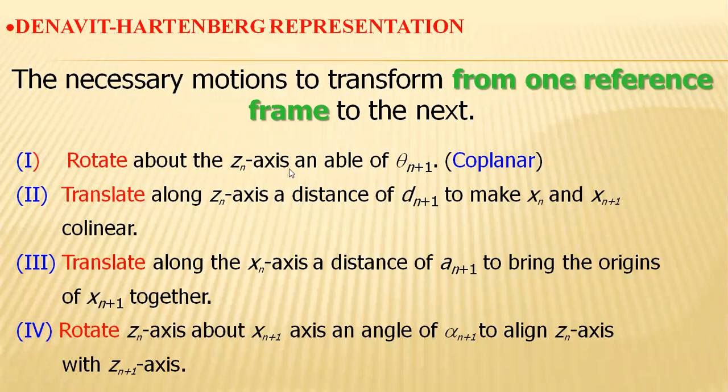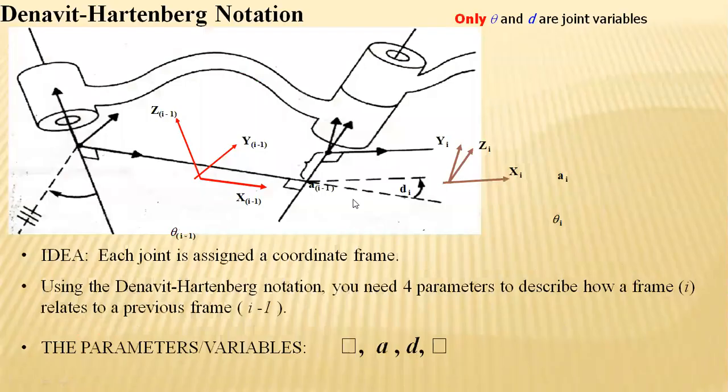See, in the coplanar situation, rotating about the z-axis by an angle of theta n plus 1, there is a rotational basis, towards the clockwise direction, towards the theta orientation. So this theta orientation will take place, its movement, the end effector movement.